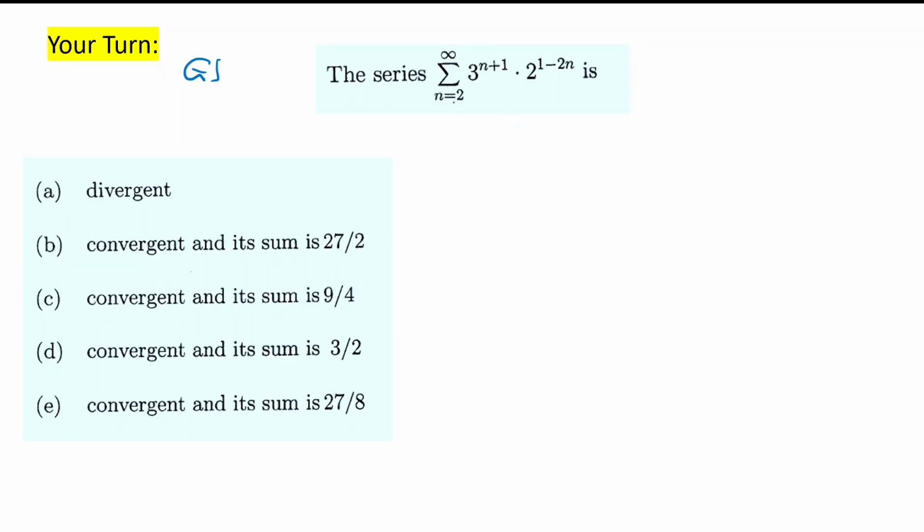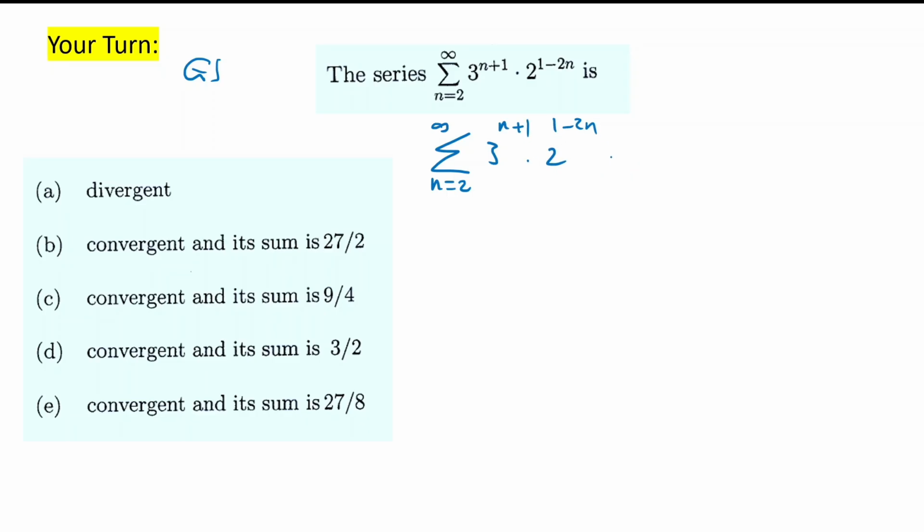You have two ways to do it. Notice the index starts from 2. Now, let's try to simplify a little bit the powers here. So this is sigma from n equals 2 to infinity of 3 to the power of n plus 1 times 2 to the power of 1 minus 2n.